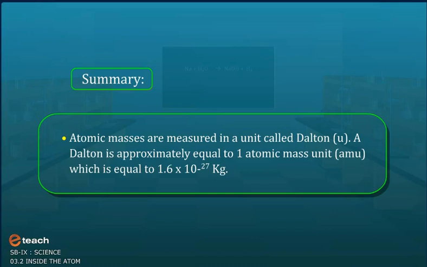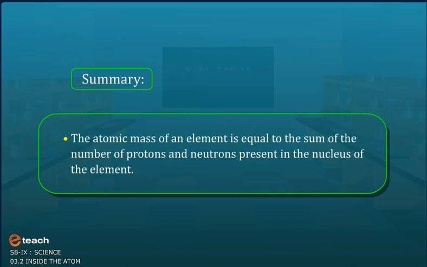A Dalton is approximately equal to 1 atomic mass unit, that is amu, which is equal to 1.6 × 10^-27 kg. The atomic mass of an element is equal to the sum of the number of protons and neutrons present in the nucleus of the atom.